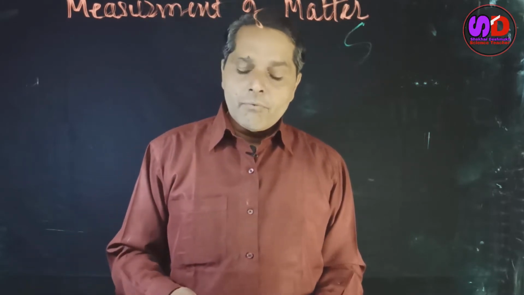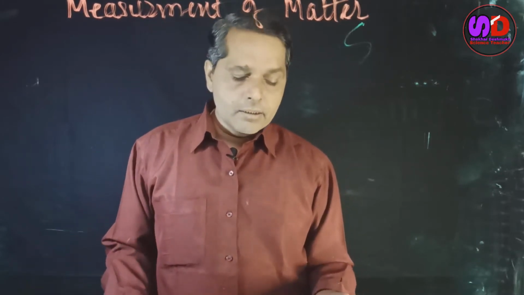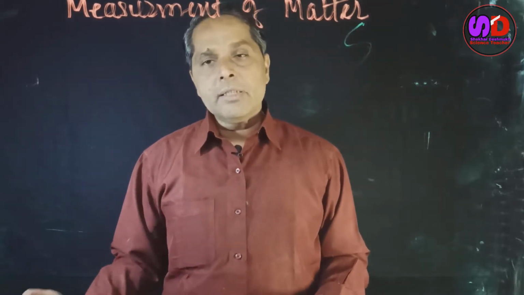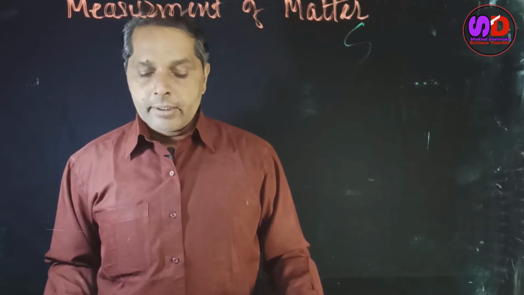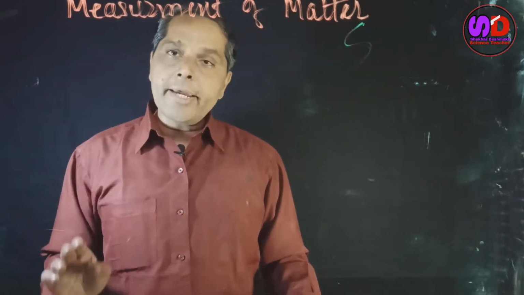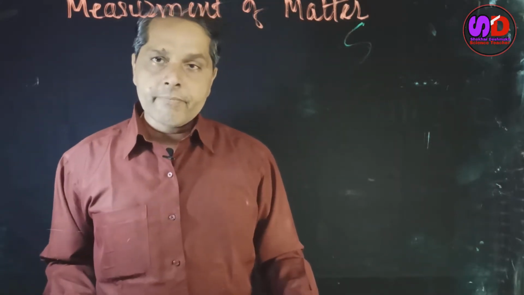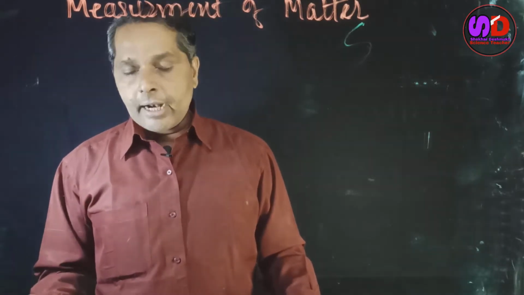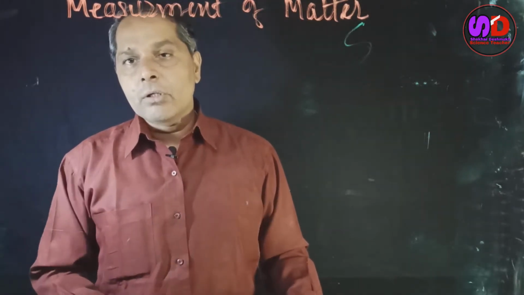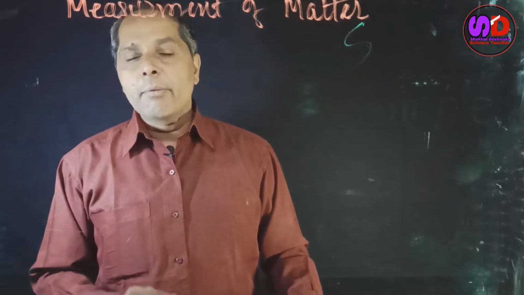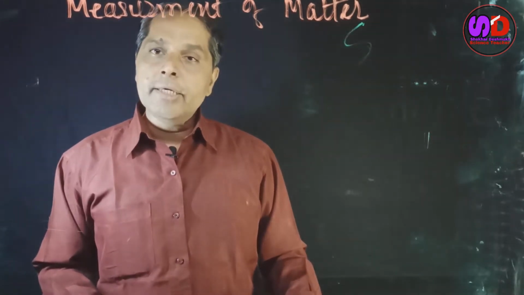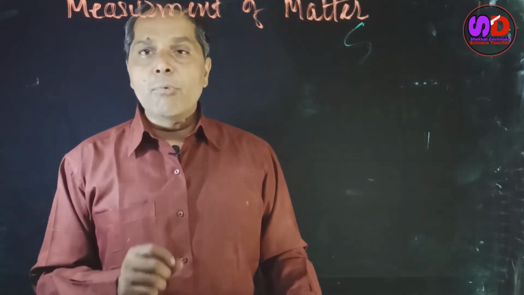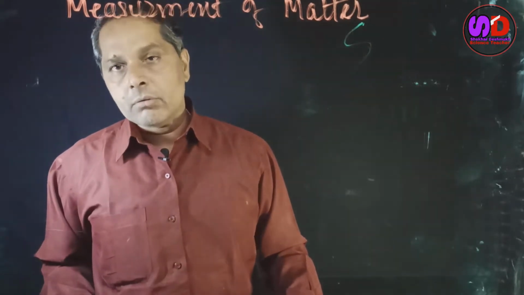And various scientists studied the structure of compounds. In the 18th and 19th century, Dalton, Thomson and Rutherford, mainly Dalton's atomic theory, contributed in finding the molecular formula of the compound.